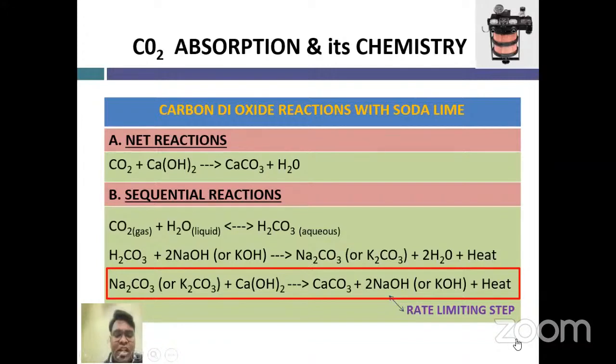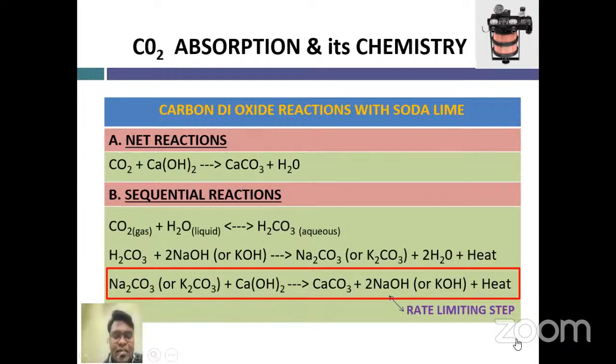Roughly 100 gram of soda lime absorbs 23 liter of CO2 and liberates 13.7 kilocalorie heat for every 1 mole of CO2 absorbed by soda lime. This step is the rate limiting step for the whole process. Now the question arises, why does calcium hydroxide, being a base, not directly react with carbonic acid?